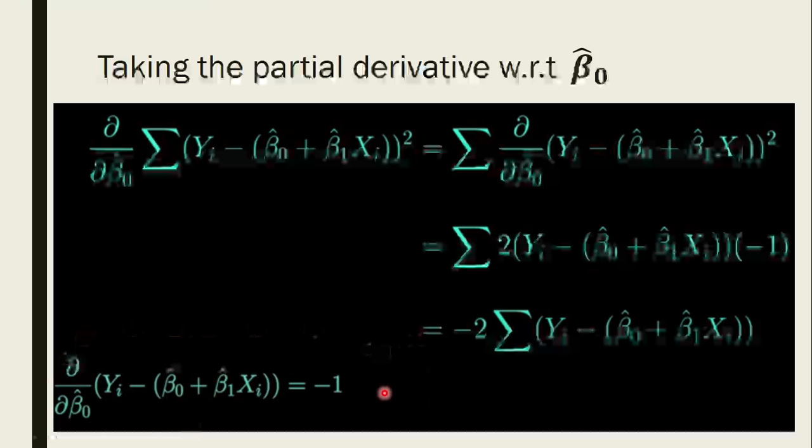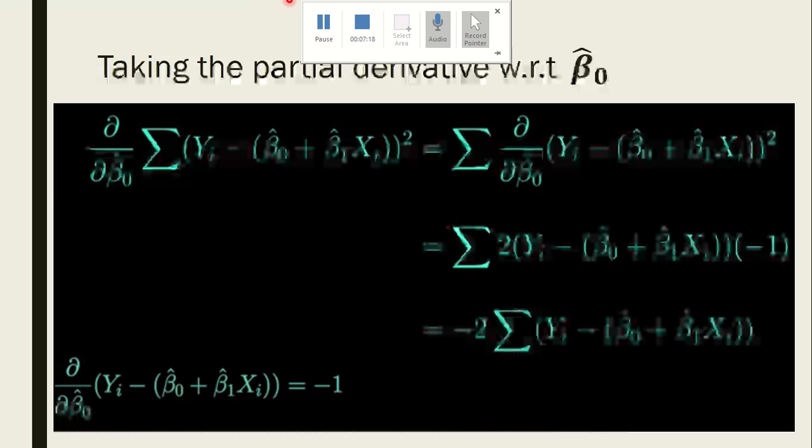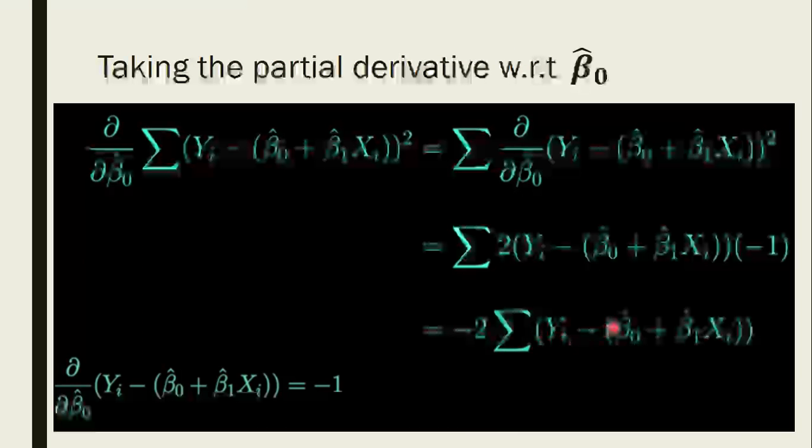This equation here is the explanation of this. Cleaning this up a bit, we can put that minus 2 out front of the summation. That is minus 2 times the summation of yi minus beta naught hat minus beta 1 hat xi.